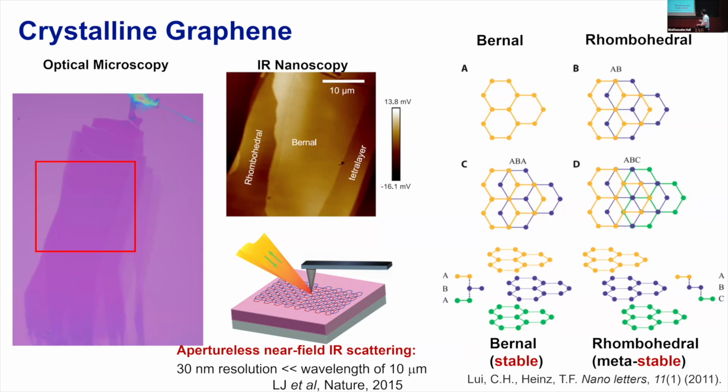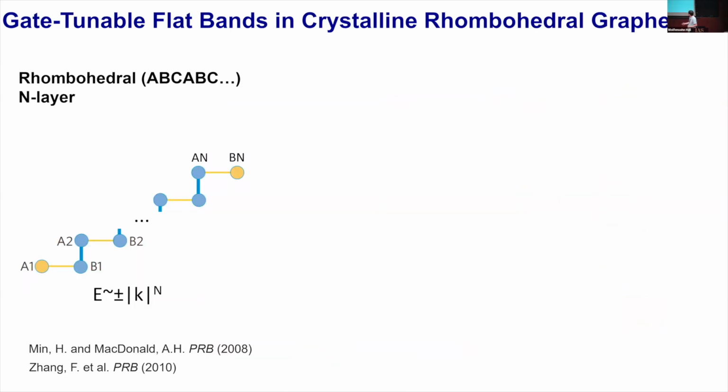However, this relatively less stable rhombohedral stacking order gives you potential for electron correlation and topology for the following reasons.